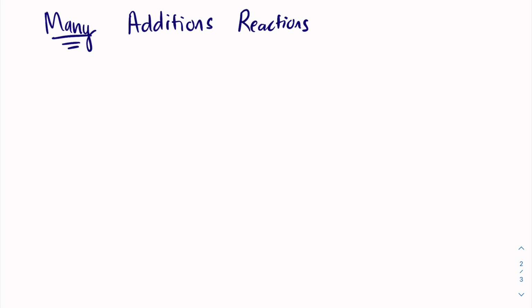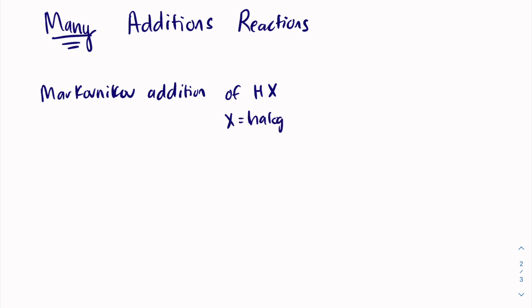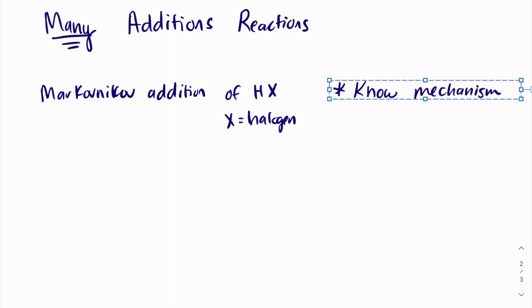So the first one is Markovnikov addition of HX, and if you remember, X means halogen. I'm going to have you know the mechanism.